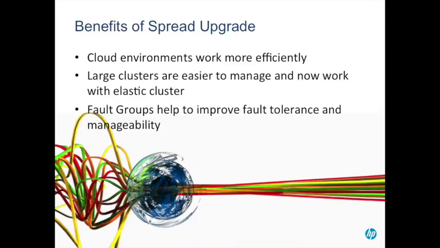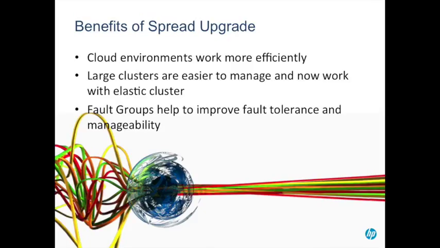So what are some of the benefits of the spread? One of the things is that it's going to allow cloud environments to work more efficiently with spread. So that's really just a benefit if you're planning on moving to the cloud or have moved to the cloud. This is just going to work a little bit better. And then the other piece is that large clusters used to have difficulty managing spread, and Elastic Cluster didn't work as well.